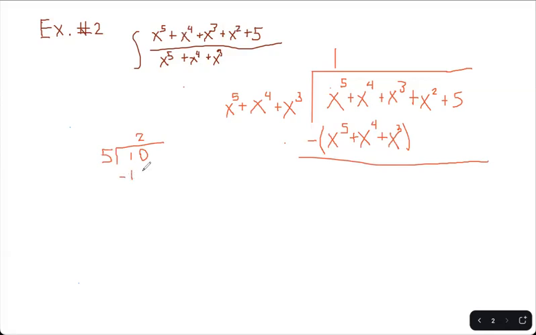Times 5 is 10, and we're subtracting it, it's 0, and we got 0. The whole point is we're trying to see, will we get a remainder, or will we not get a remainder, right?